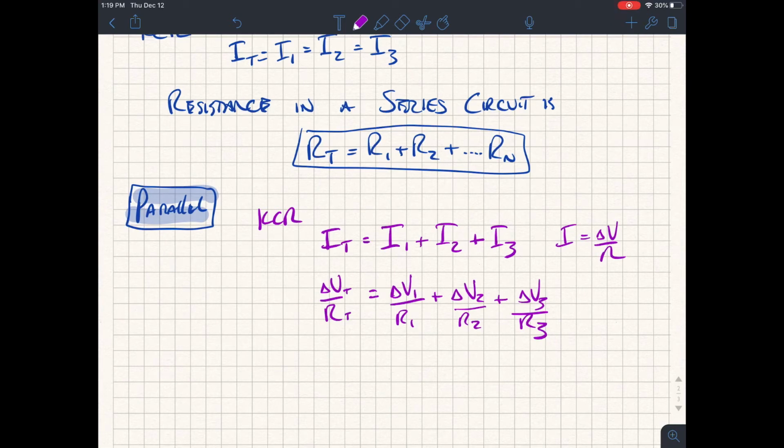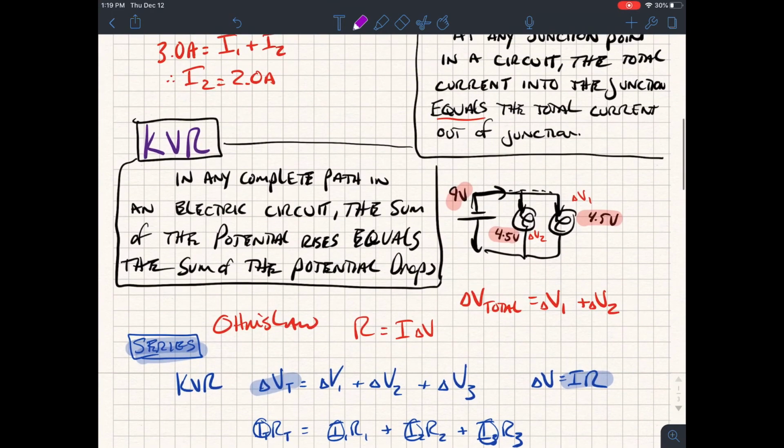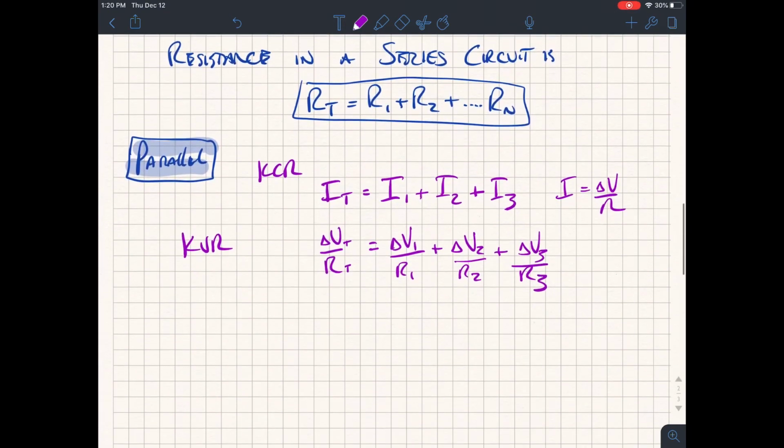And according to the voltage rule, KVR, the potential differences are all equal in a parallel circuit. In any complete pathway of the electric circuit, the sum of all the potential rises equals the sum of all the potential drops.